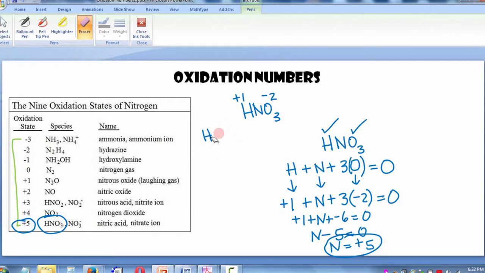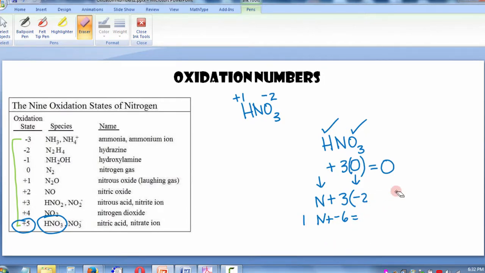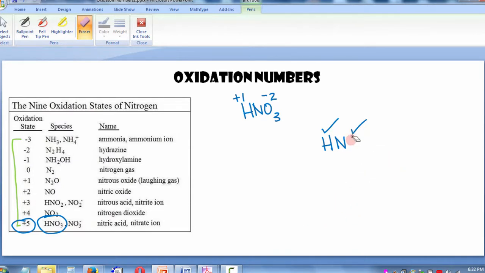So let's try another one. Let's see if you can follow this. And I'll stick with a couple of nitrogens because we have a table over here with the various oxidation states nitrogen can have.